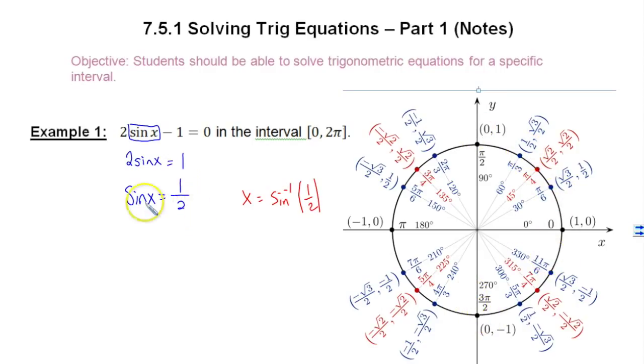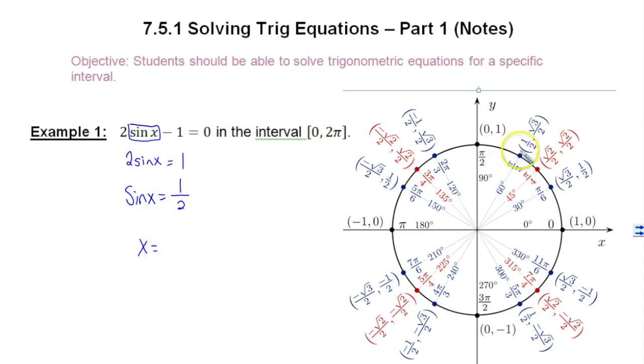But this x could be anything that gives me 1/2. So when we're solving a trig equation, we're not really doing the inverse. We're going to do the same thing we would do in the inverse, looking for the sine of x being 1/2.